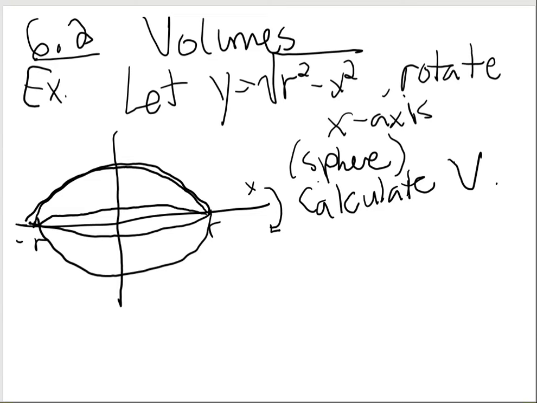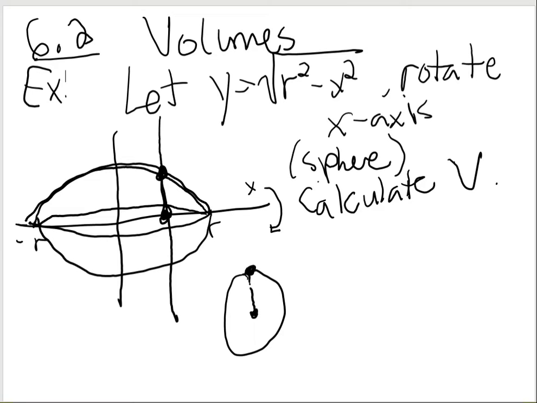Okay, so let's look at the cross-sectional area. If we take a slice perpendicular to the x-axis, it's going to be a circle, right? And here is where the x-axis is, like it's going through the board. If we go from the x-axis up to here, that's the same as going from the center up vertically to here.